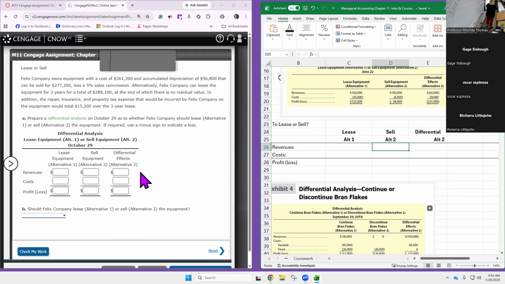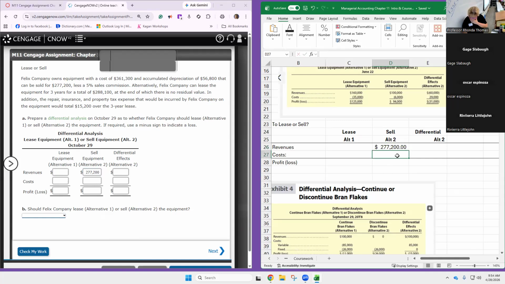Some are just going to require costs only. So we've got to look at revenue from the revenue point of view, if it's positive or negative, and then costs, positive or negative. Remember, costs are opposite of revenue. So I'm going to put this sale in. The sale is 277,200, and I'm going to put it on my sheet as well.